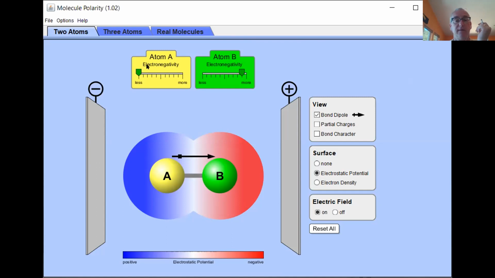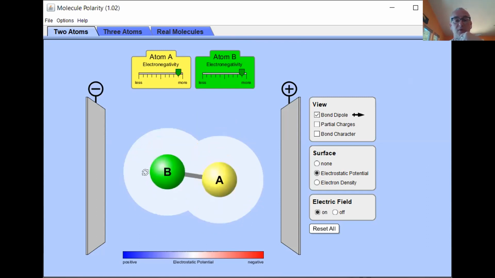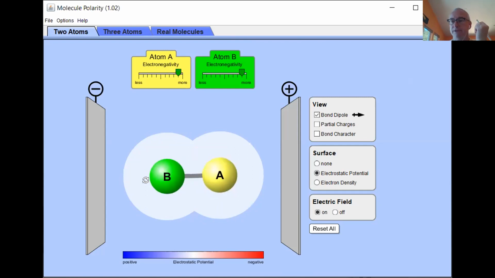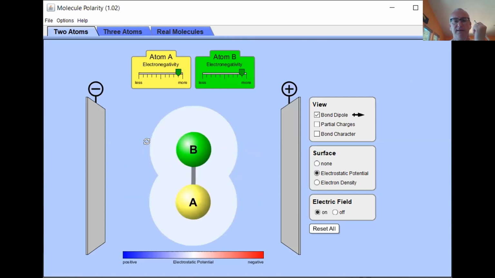If, on the other hand, I make A equal to B as far as its electronegativity, I turn on the electric field and I move them around, nothing happens. So I can put this in whatever orientation I want, and it's not going to reorient itself because it doesn't have a dipole moment.